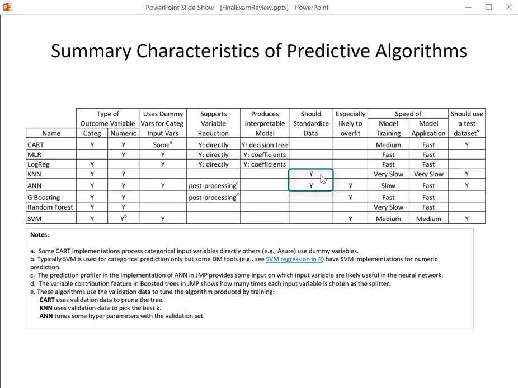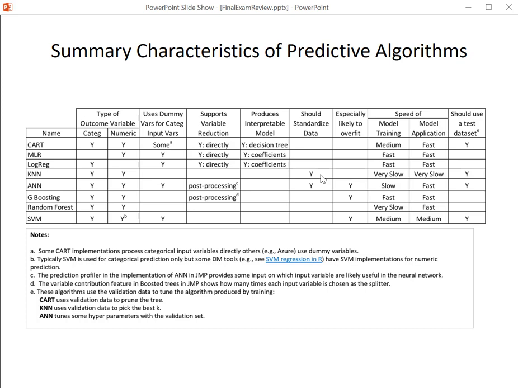The same thing with neural networks, because if you have some variables that have high magnitudes and some that are small, so if you have something like income that's in many thousands, and you have something like age, which is from 5 to 50 or 75, then the large values can swamp the small values in the calculations. And I show examples in the KNN deck of how that is accomplished. So it is important or essential to standardize these.